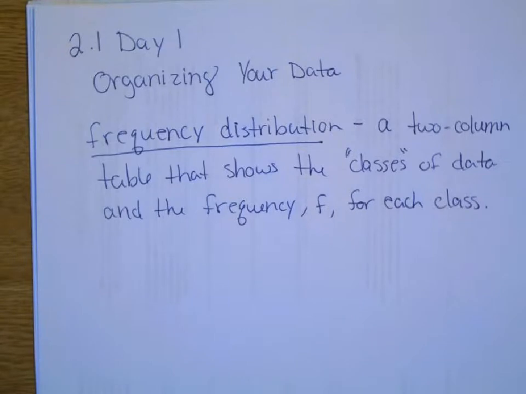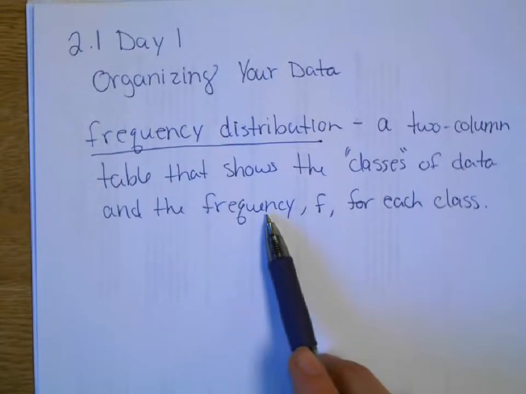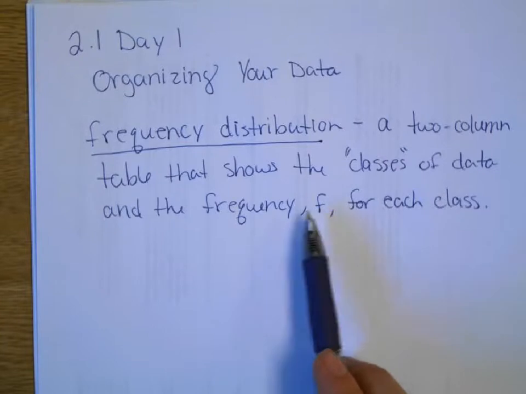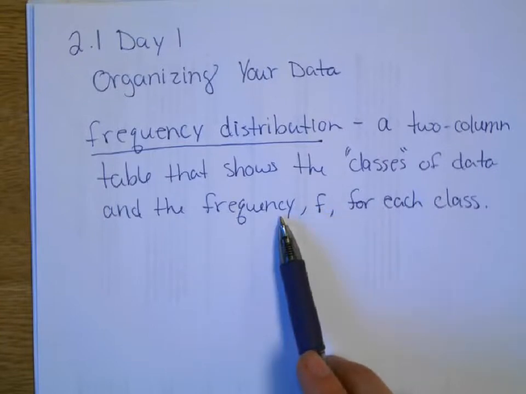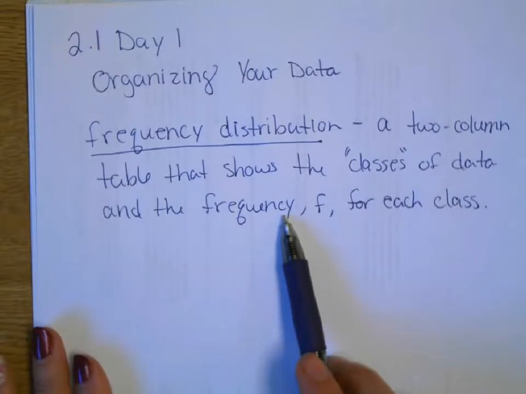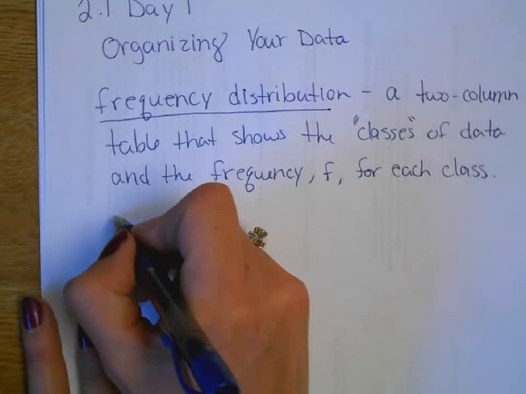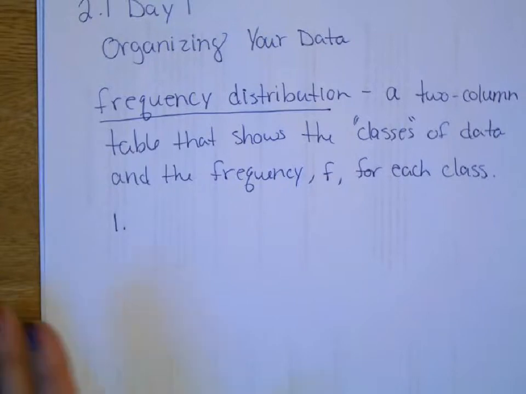It's a 4-step process to making a frequency distribution. Frequency, that's going to be the letter F. So when you see F, it's going to stand for frequency. Frequency is how many, total amount. The first thing you're going to do is decide how many classes you want to divide your data up into.